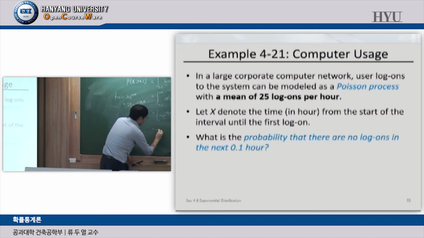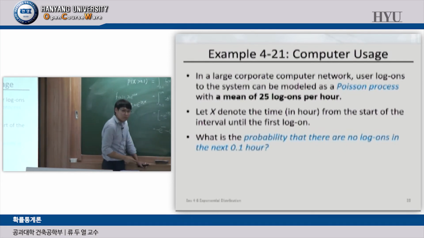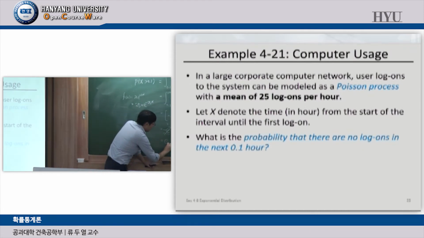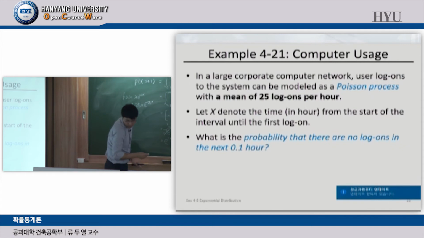That is equal to e^(-infinity) minus e^(-25 times 0.1). What is e^(-infinity)? It's equal to 0. So the answer will be e^(-2.5), so this is 0.082.